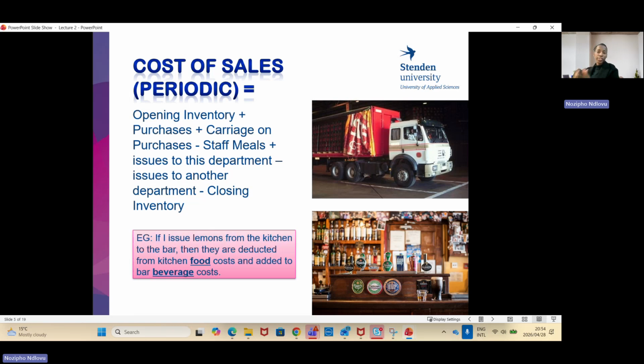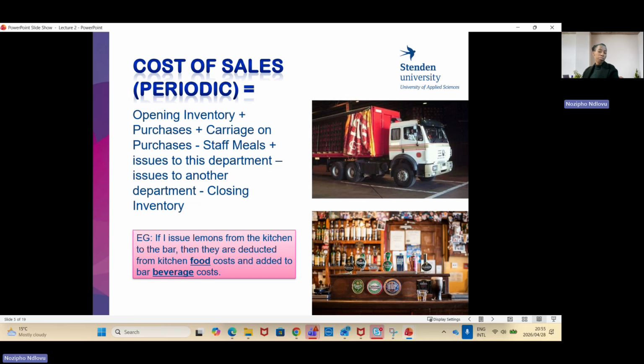If you use lemons, let's say you have lemons and then you take them from the kitchen to use them in the bar, you do record it as it has been reduced from the kitchen and it has been added to the bar because you took them away from where it was originally bought for.